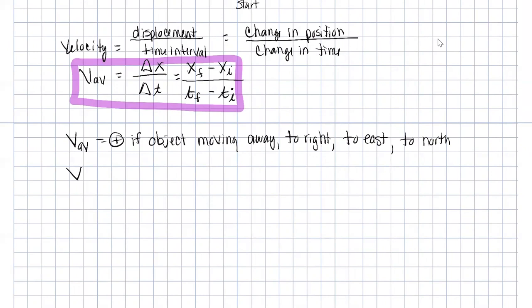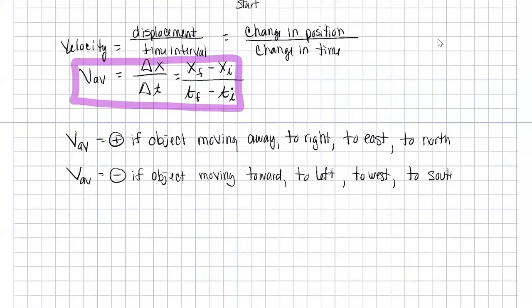The average velocity is going to be negative if the object is moving toward the left, to the west, or to the south.